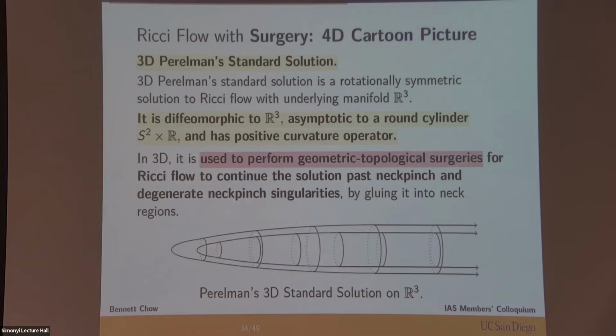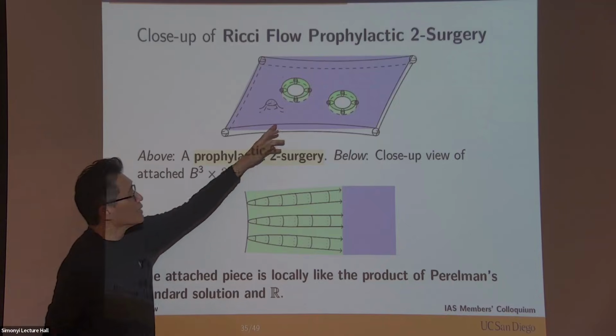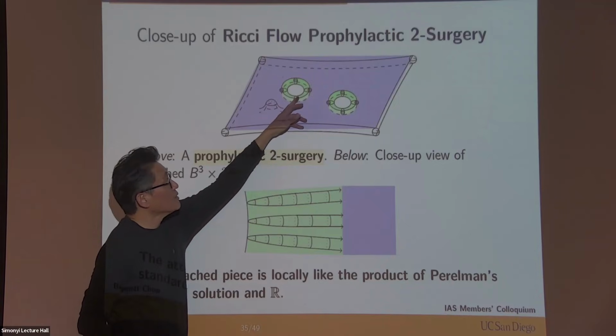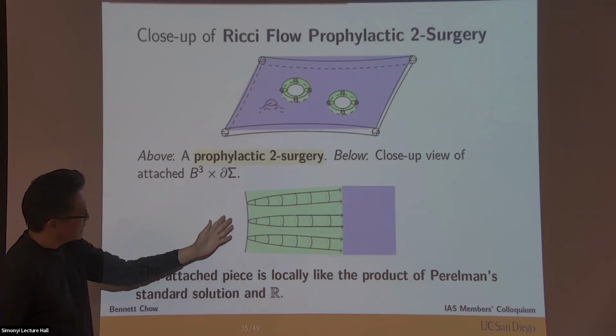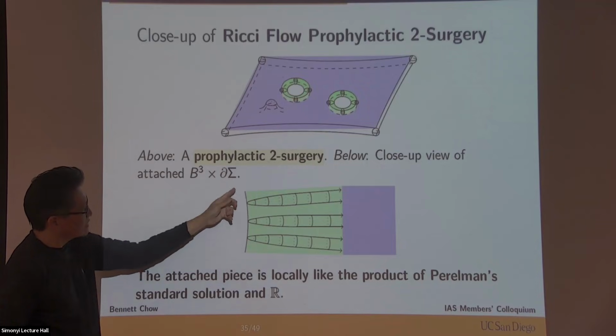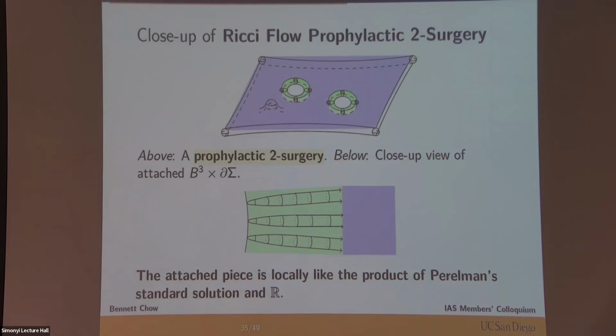Okay, so why is that reasonable? If you look at this picture, what you should do is imagine the S2 radii being very, very small. When you blow it up and look under a microscope, perhaps not a particularly high powered one, you see this circle becomes flatter and flatter, so it looks more and more like a line.